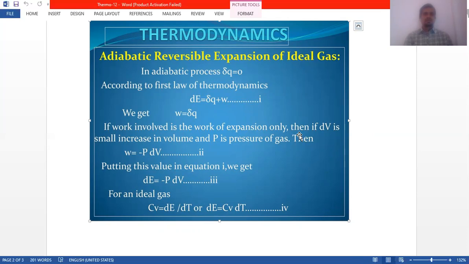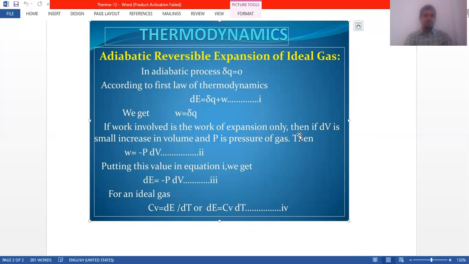In the adiabatic process, we already know that delta Q is equal to 0. The equation of the first law of thermodynamics is delta E equal to delta Q plus W. Substituting delta Q equal to 0, we get delta E equal to W only.